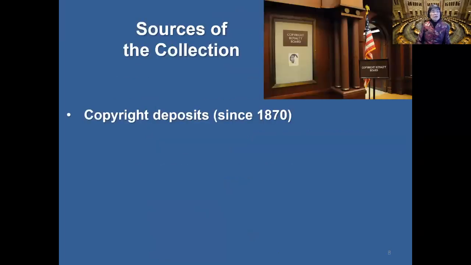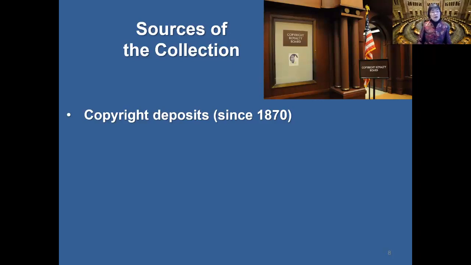You might wonder, where do they get all the sources for their collection? First of all, as we said, it's the copyright deposit. Since 1870, as we talked about last time, a very clever librarian consolidated all the copyright submissions. They now all go to the Library of Congress.